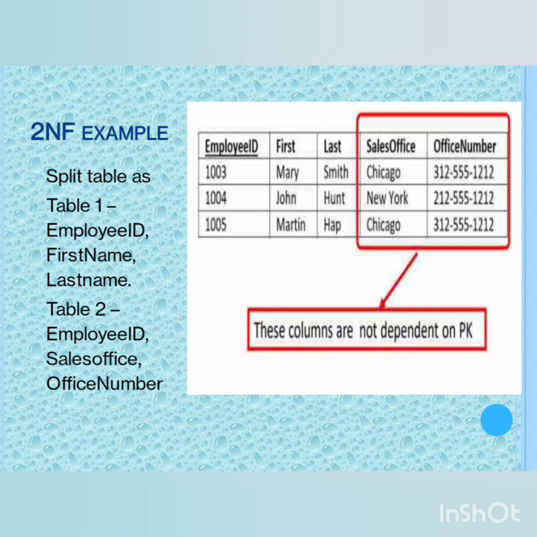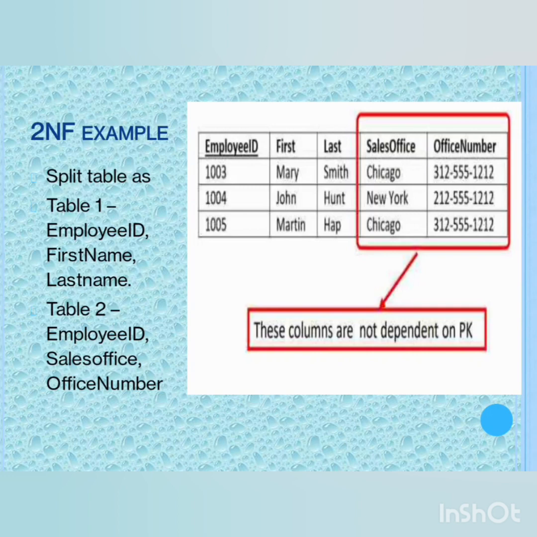We have a table like this: employee ID, first name, last name, sales office and office number. Employee ID, as underlined here, stands for the primary key attribute. Now this employee ID is the key attribute, and all the rest, that is first name, last name, sales office and office number, are non-key attributes.